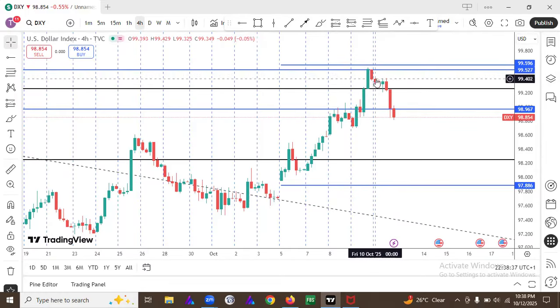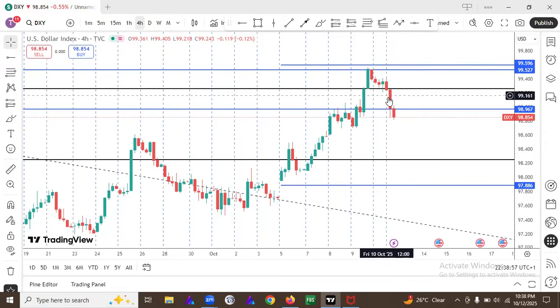Now, if you had missed this first move, you would have waited for this little retracement. So you would have entered a sell after the breakout from this support. So this was the first opportunity. This was the second opportunity.